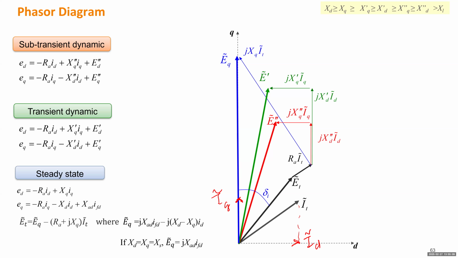Similarly, for the voltage, you can consider maybe there's an ED. Don't call it AD, just maybe it can be confused with the earlier internal voltage. Let's just define those two currents. But you understand, the voltage will also have a component in the Q axis.